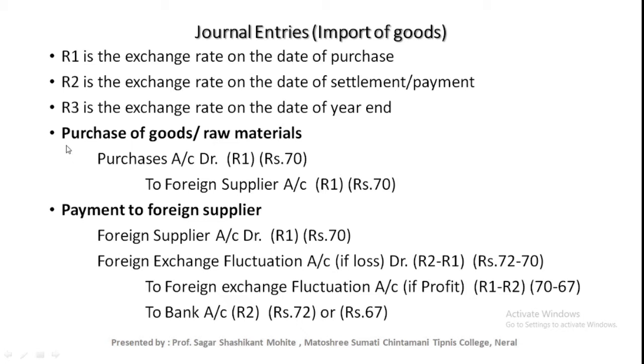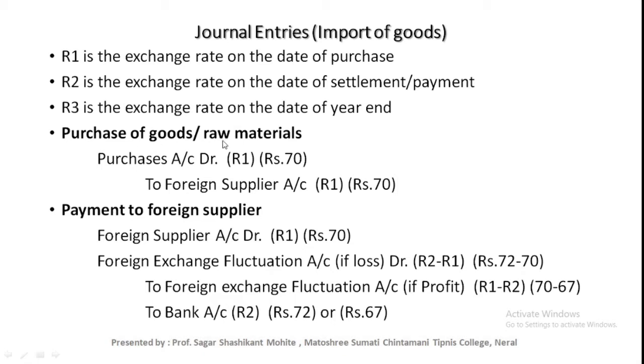Normally we need to pass the first journal entry related to purchase of goods in case of import of goods, purchase or import of goods or raw material. There may be one situation also where we made an advance payment to the foreign creditors. At that time the first entry will be the advance payment, and after that we will pass the second entry, purchase of goods.